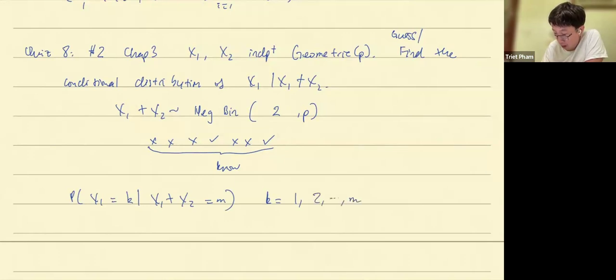And then k can take up to m, well, m minus 1. Why? Because X2 will also take at least one, so the most X1 can be is m minus 1.